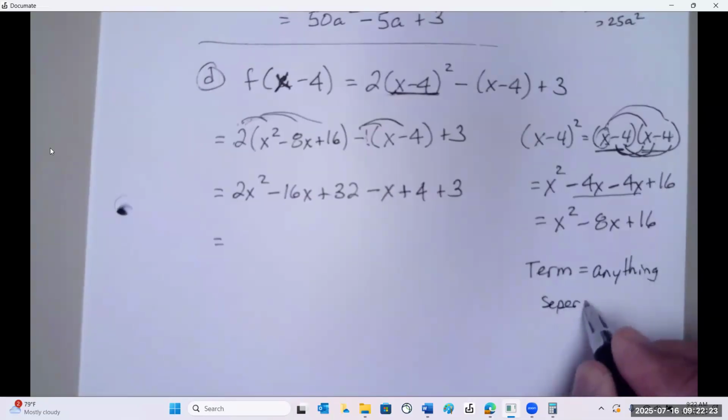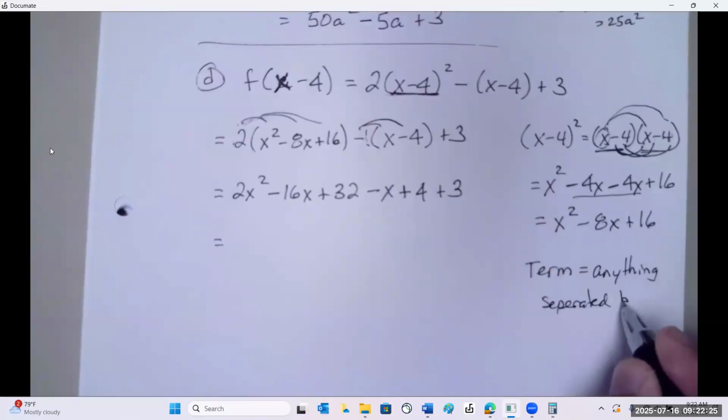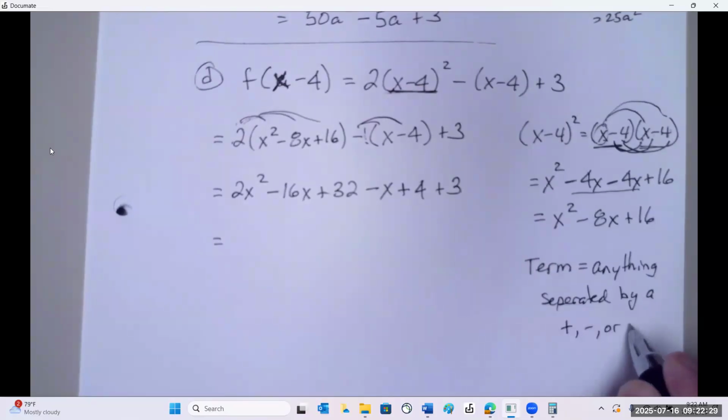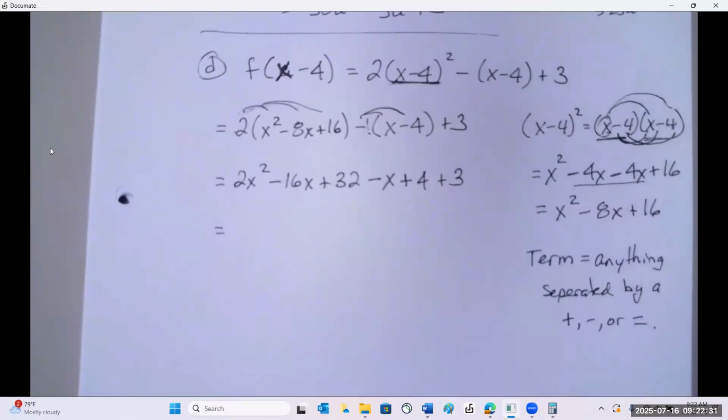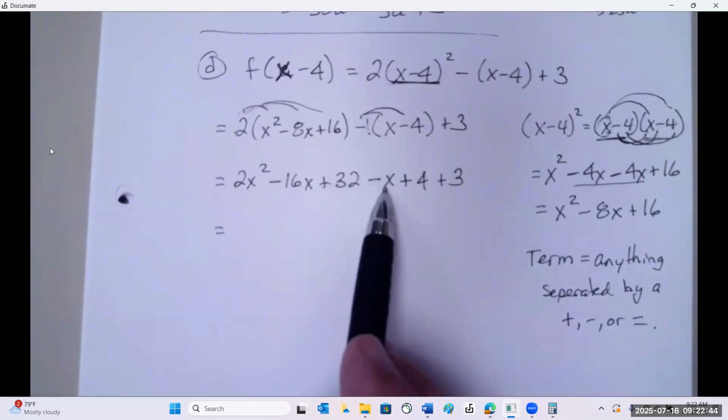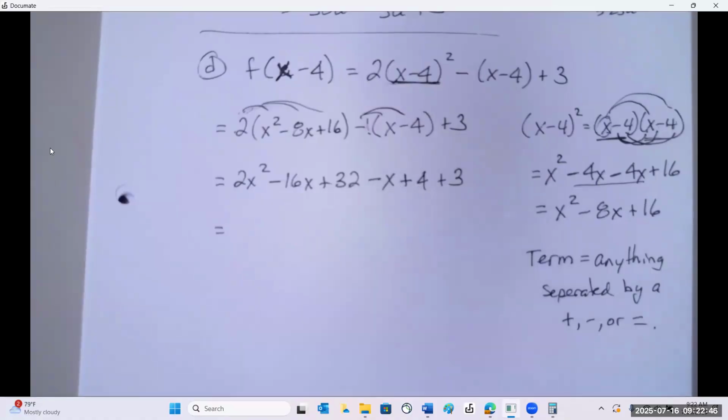Anything separated by a plus, minus, or equal. So how many terms do we have in this example now? 1, 2, 3, 4, 5, 6. We have 6 terms. Remember, anything separated by plus, minus, or equals is a term.